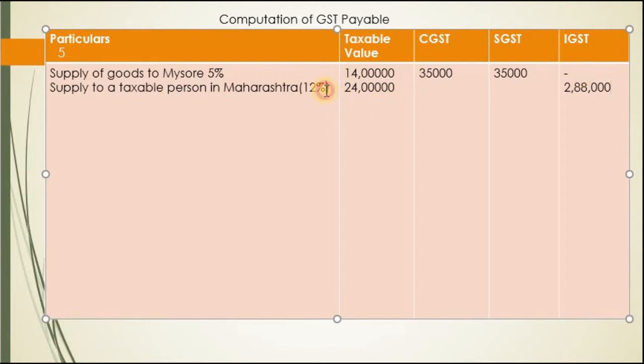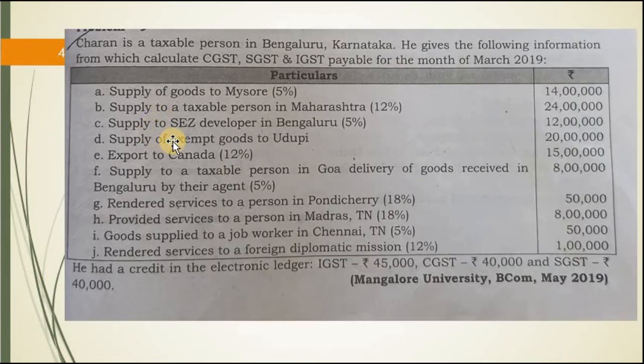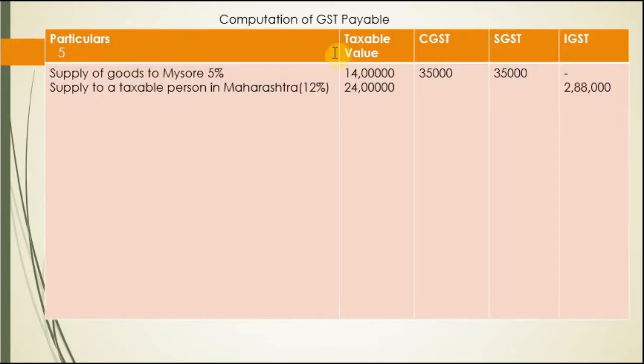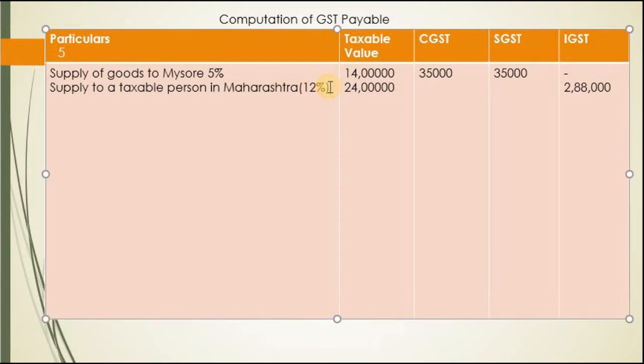Then let's go to the third one: supply to an SEZ developer in Bangalore. Remember, if you are supplying goods to an SEZ developer, that is a special economic zone, then it is tax free, zero rate of tax.